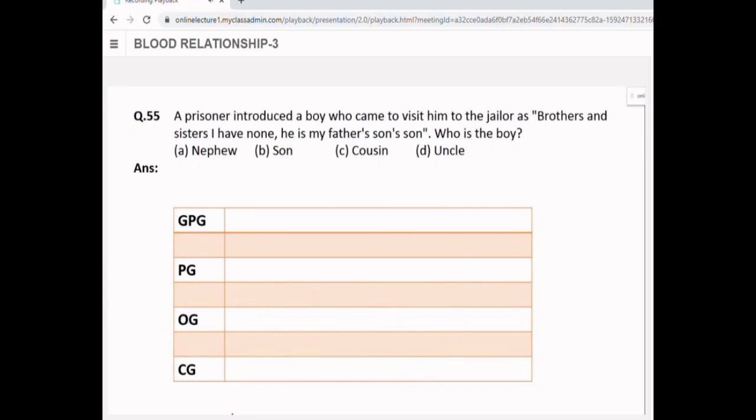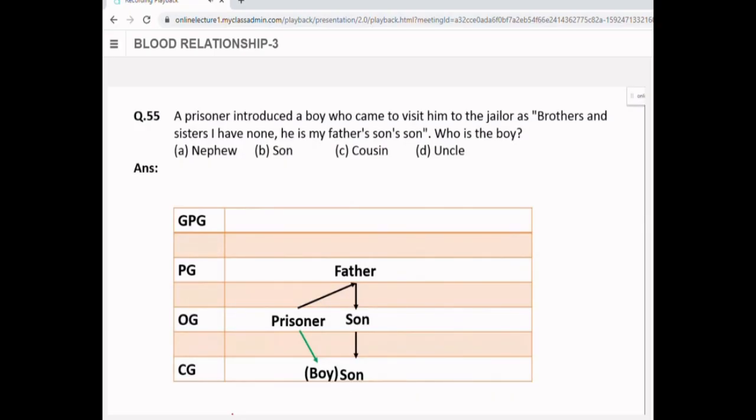Maybe many times students find this difficult, so the explanation goes as follows. The prisoner and the boy. The prisoner is saying about that boy. What is he saying? Brothers and sisters, I have none. He is my father's son.